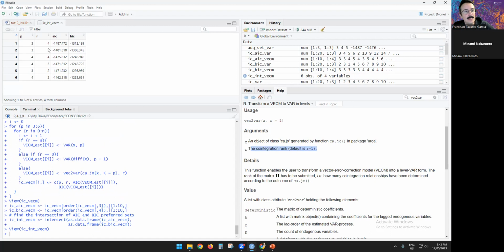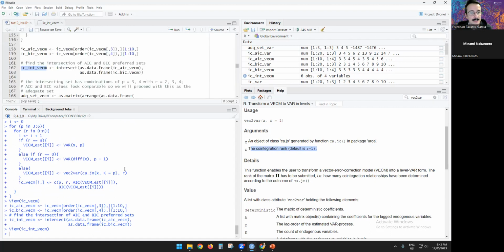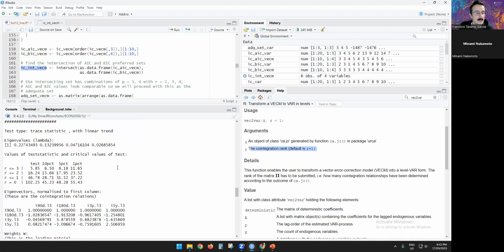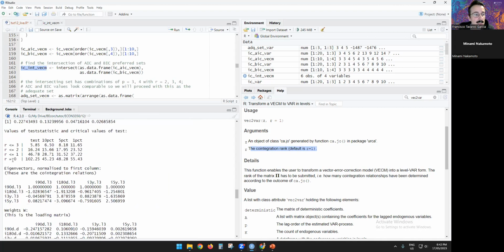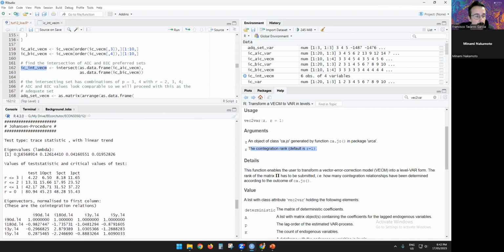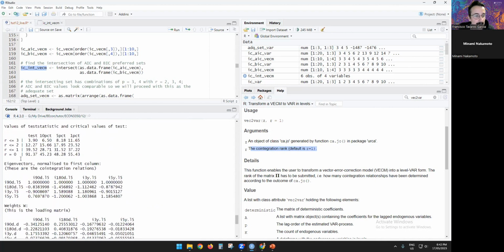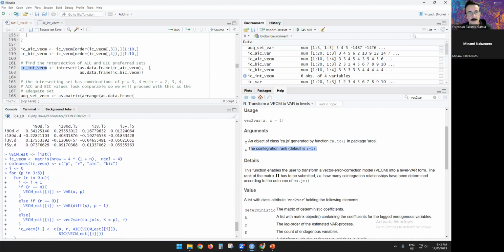It didn't pick in our top ones, at least combining AIC and BIC, rank 0 and 1, which agrees with the results we had from our Johansen procedure here. We were rejecting r equals to 0 and equals to 1 for the 3 lag lengths, and this kind of agrees with it. It's probably not the case all the time, but it's an interesting thing to notice.